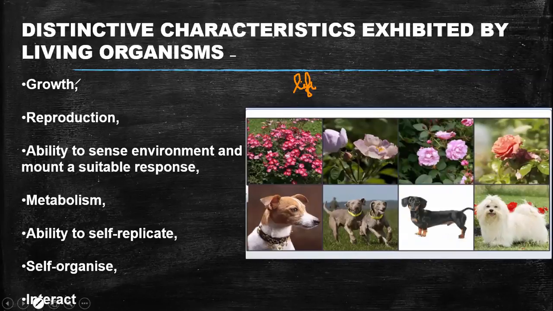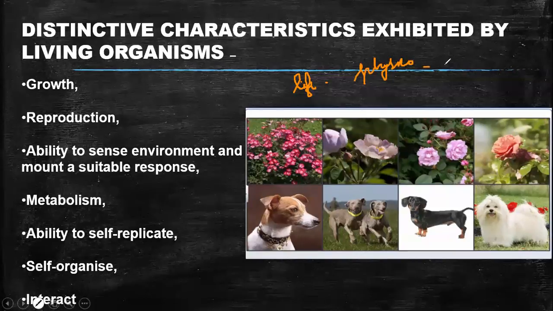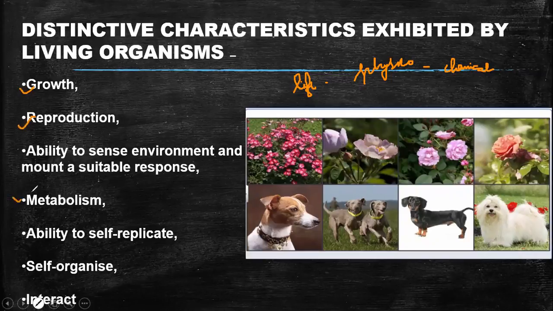Okay, fine. So life, we can say, is a physico-chemical entity, in which the living organism shows distinctive properties such as growth, reproduction, metabolism, and locomotion. Locomotion is the ability to move from one place to another.